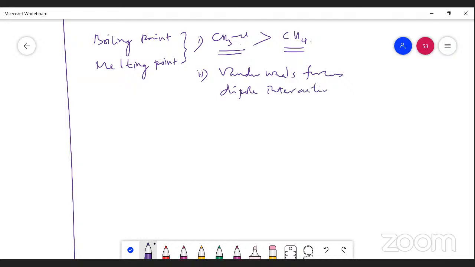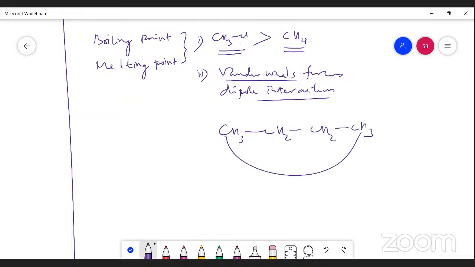Van der Waals forces are forces which exist in all kinds of organic compounds, that is, the force existing between these two carbons. This is more in the case of alkyl halides. For dipole moment, you write CH3Cl with delta minus on chlorine and delta plus on carbon.